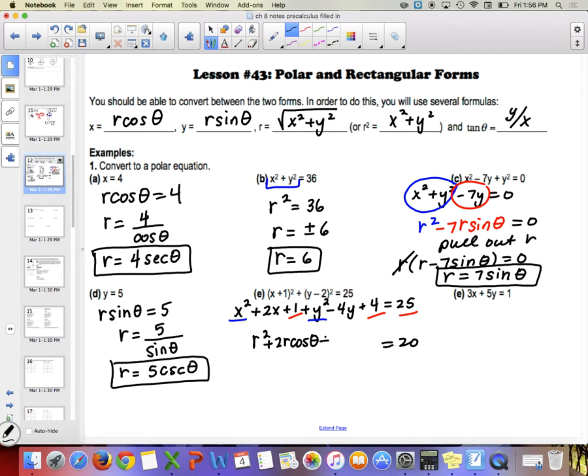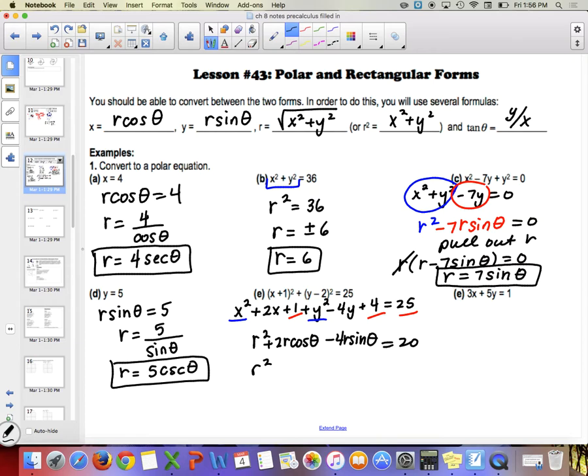Okay. And then negative 4y is going to be negative 4r sine theta. Okay, so we have that. And unfortunately, there's not much that you can do.